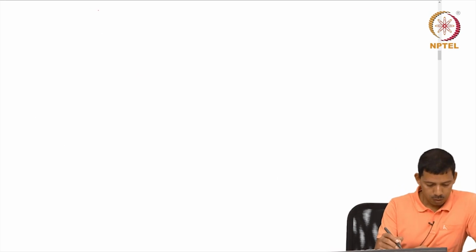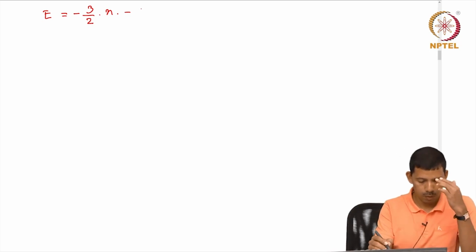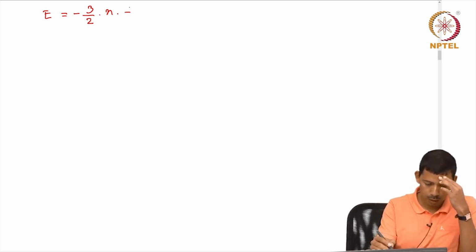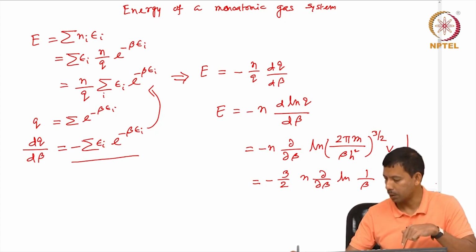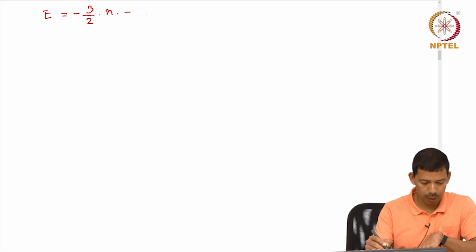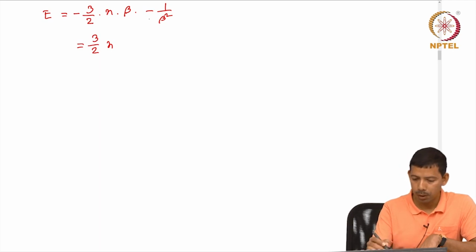On simplification, E is equal to minus 3 by 2 N times del by del beta of ln 1 by beta, which gives 3 by 2 N times 1 by beta, which is nothing but 3 by 2 N kT.